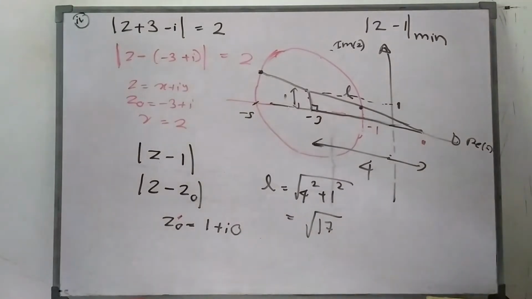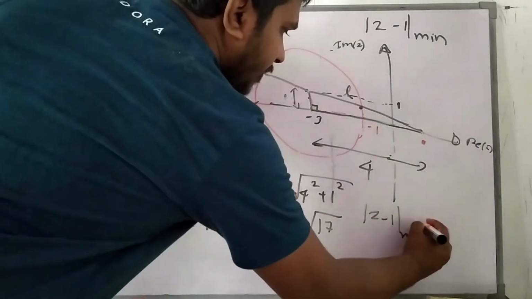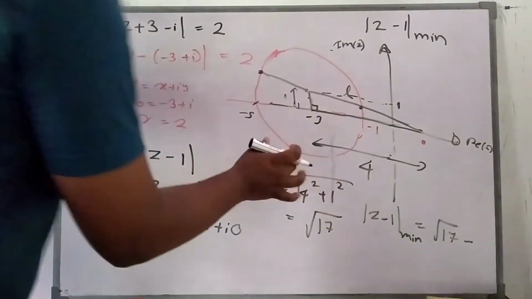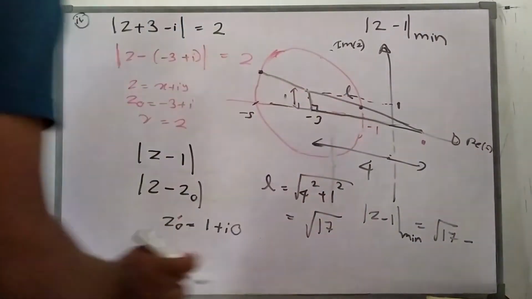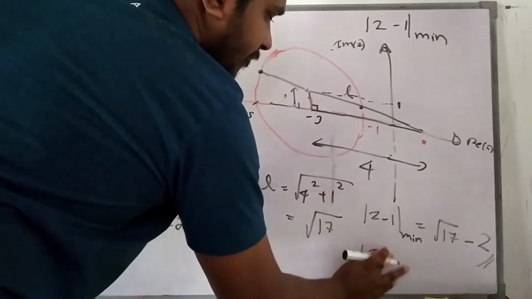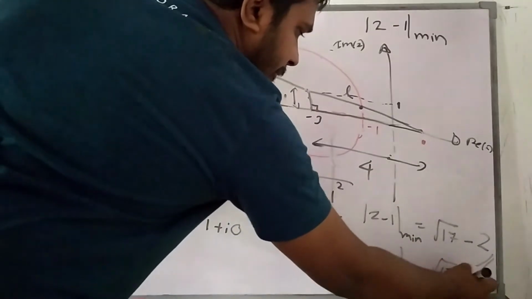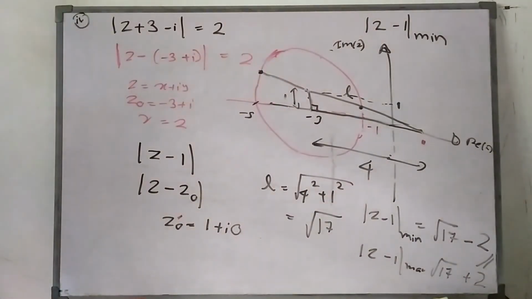So the minimum of modulus z minus 1 means root 17 minus this radius. The radius is 2, minus 2. If you need maximum, then it will be root 17 plus 2 likewise. So this is the minimum and maximum value.